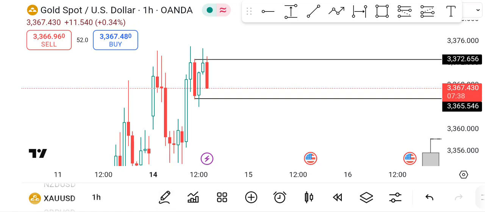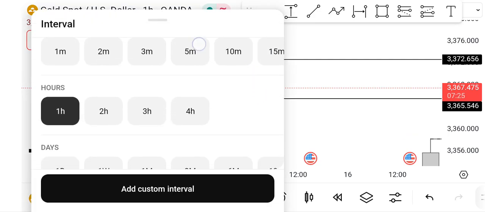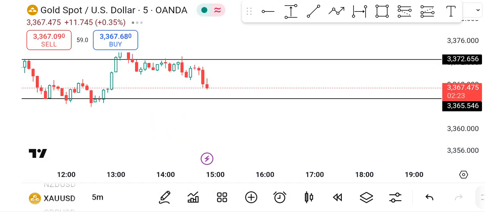So I have said when you spot a CRT pattern on the 1 hour time frame, you are supposed to scale down to the 5 minutes time frame for entries.